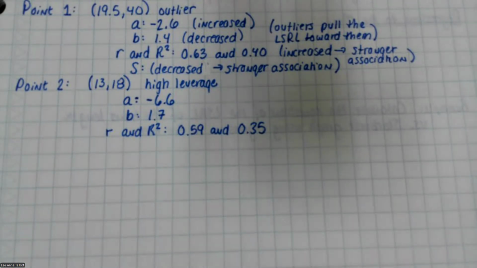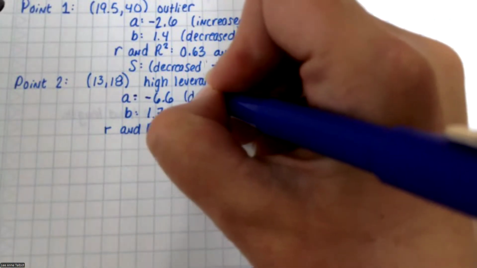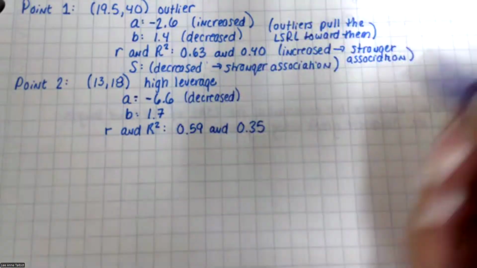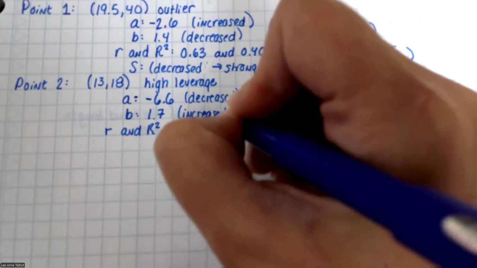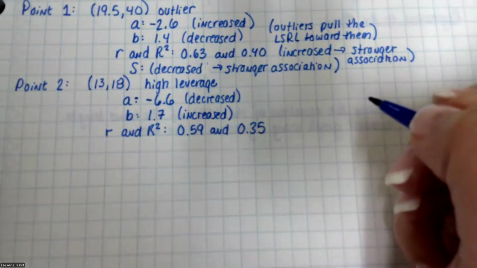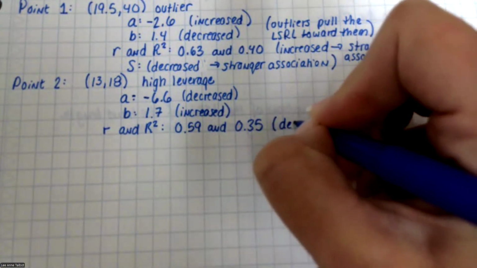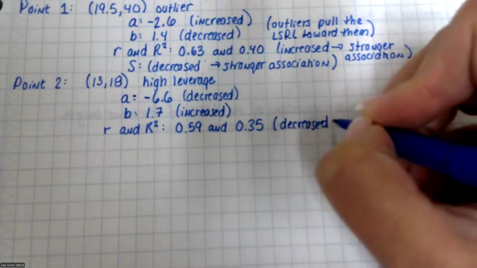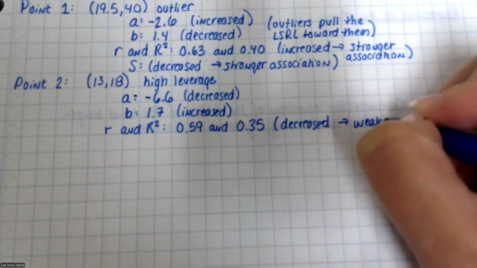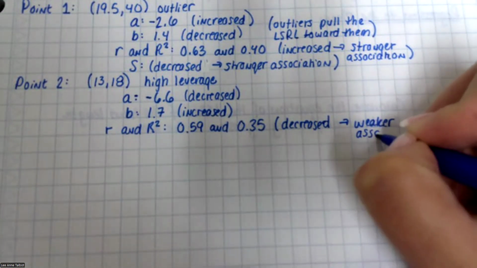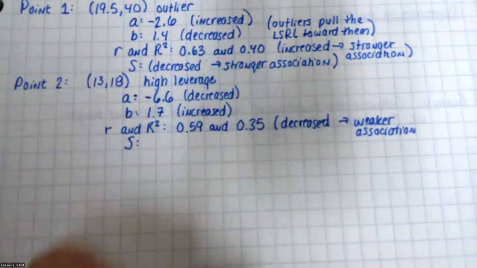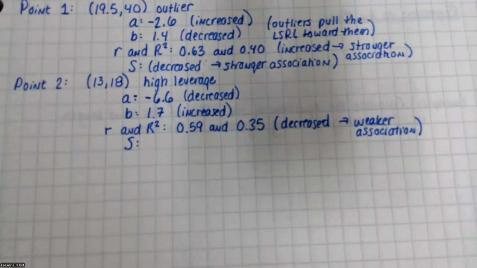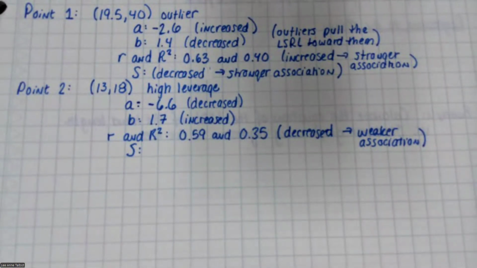Almost done. What happened to the y-intercept? Decreased. The slope went up a tiny bit. R and R squared went down, but just the tiniest bit.